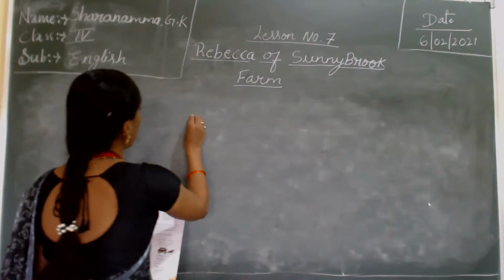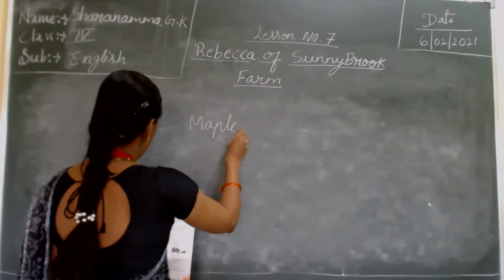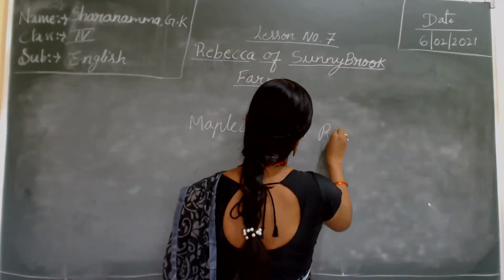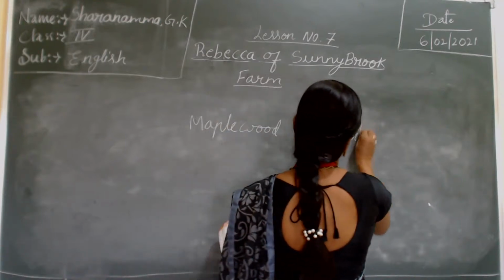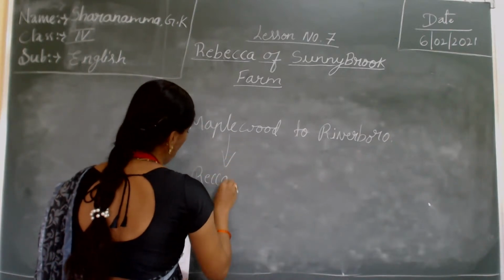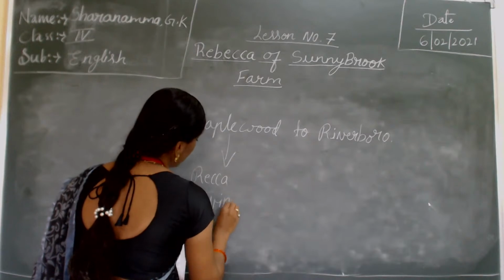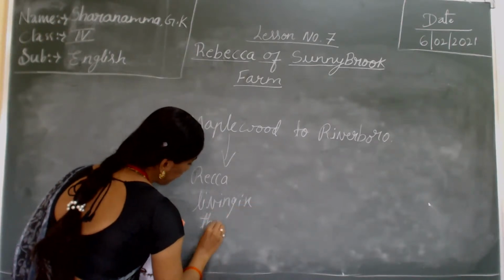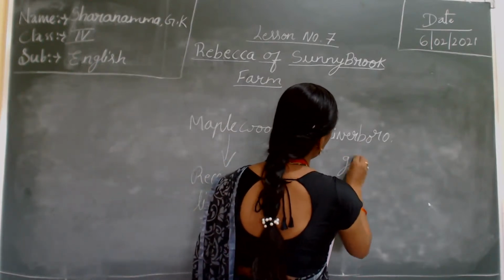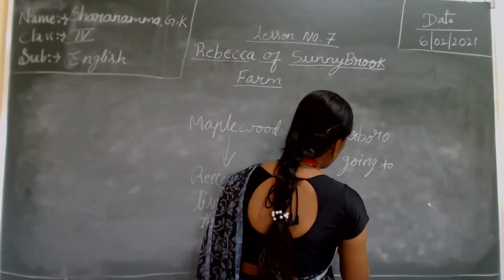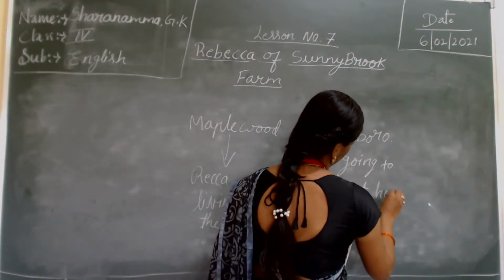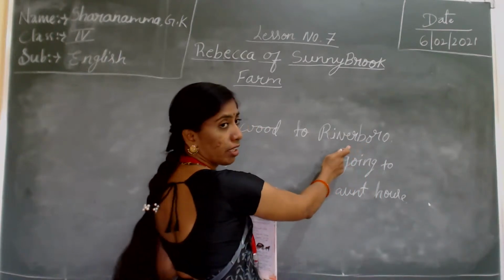Here, the girl is going from Maplewood to River Borough. It means that the girl, Rebecca, is leaving the town where she lives and is now going to her aunt's house in River Borough.